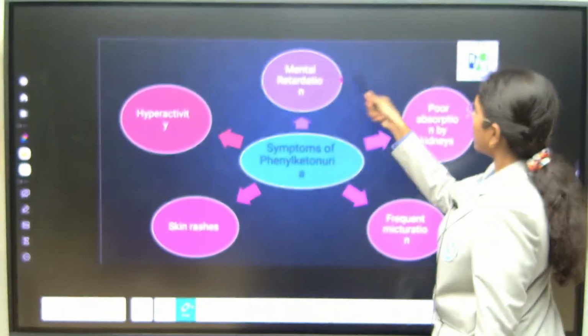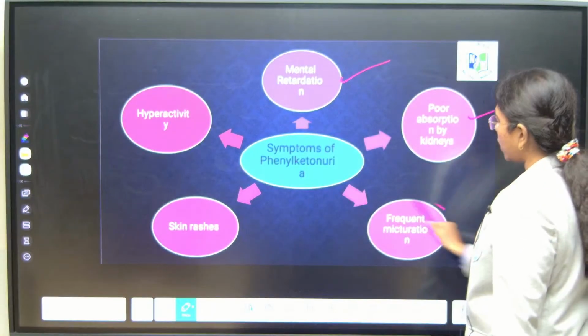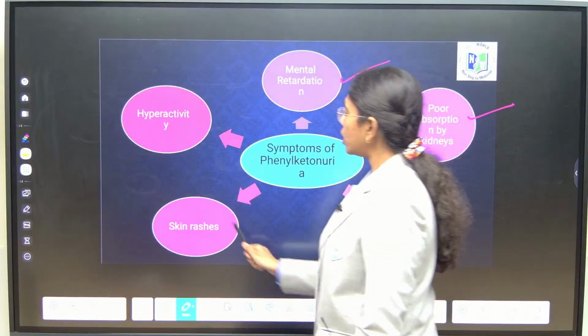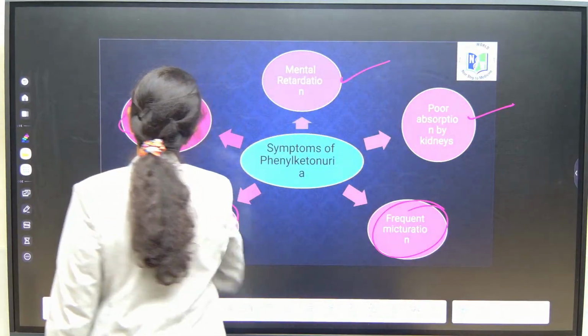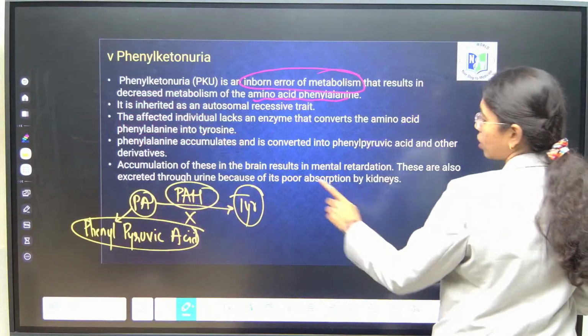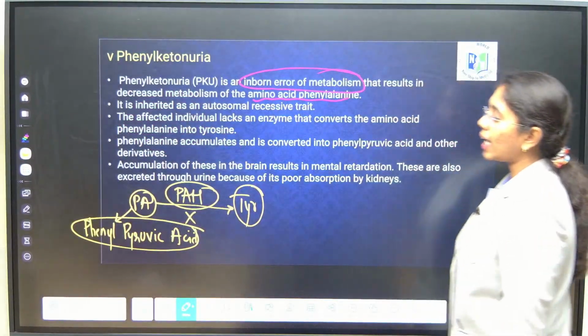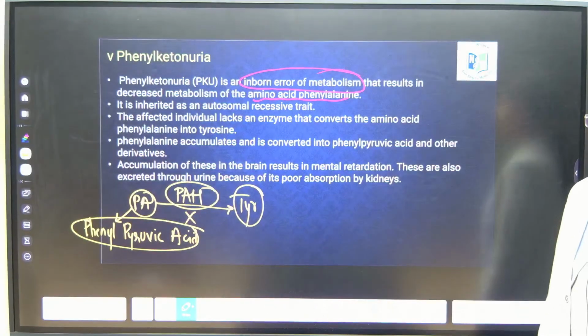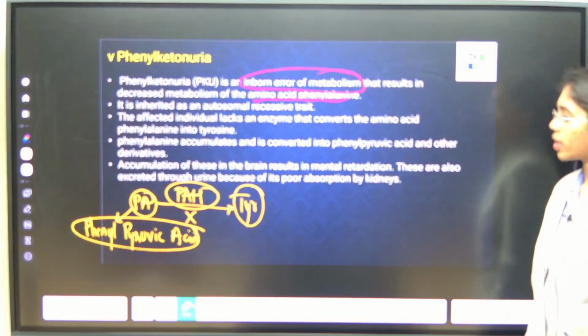and this gives multiple effects, like mental retardation, poor absorption in kidneys, frequent micturition, skin rashes and hyperactivity. All these effects are shown because of the absence of one gene, that is phenylalanine hydroxylase. This is how the effect is observed.